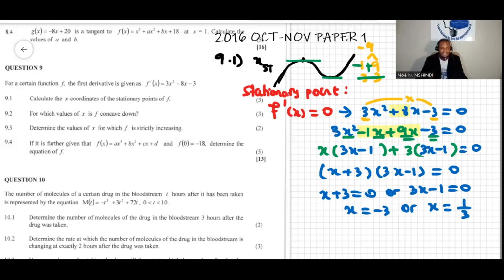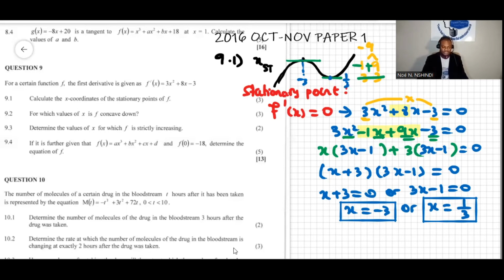When they say calculate the x coordinates of the stationary points, those are the x coordinates of the stationary points. So if the graph is the way I draw it, over here will be the -3, and there it's going to be the 1/3. Here the stationary points. Thank you.